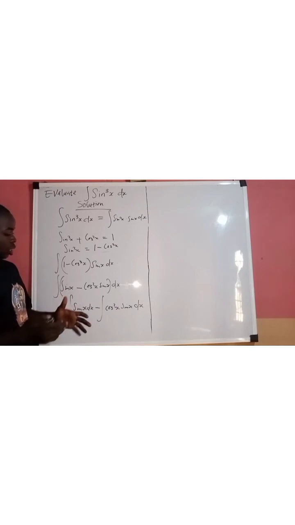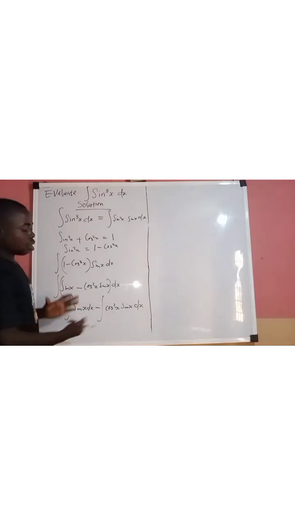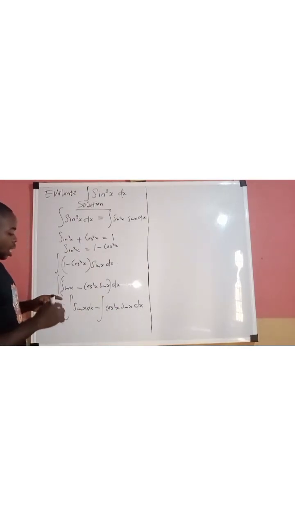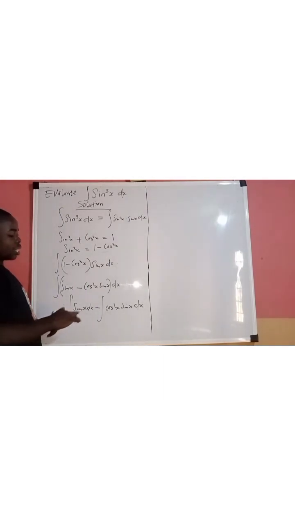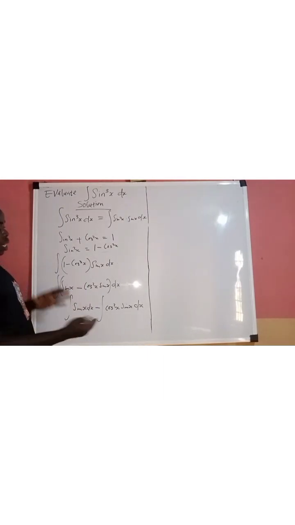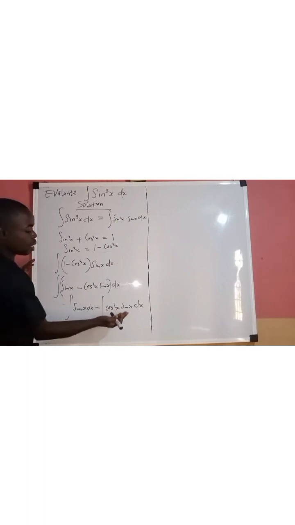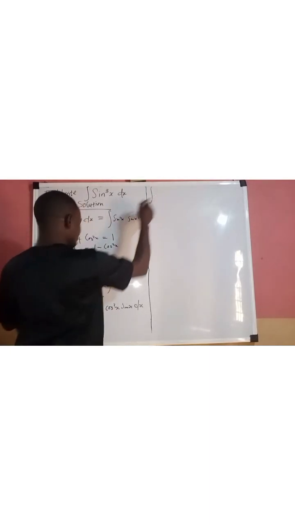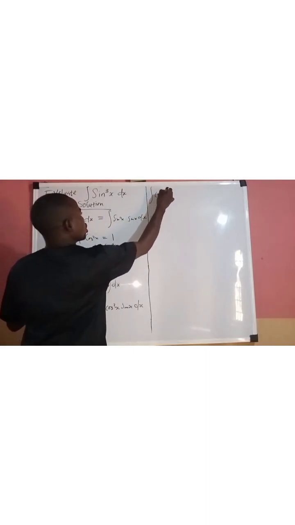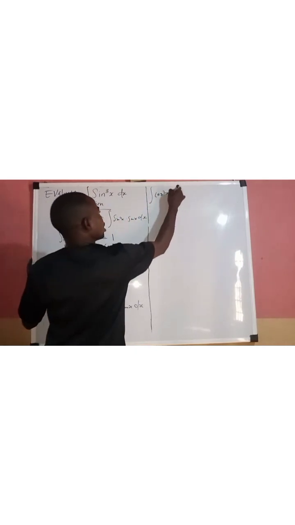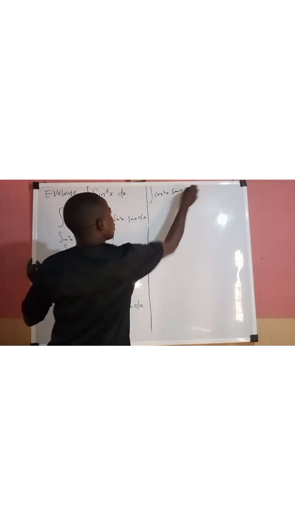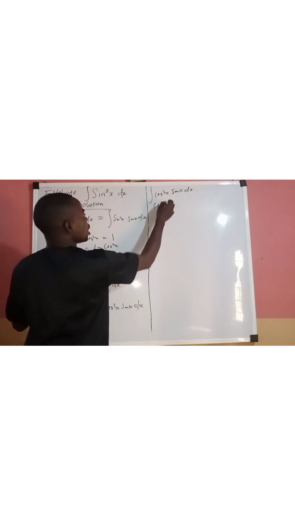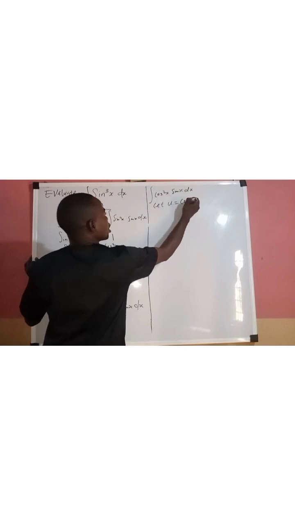And then what do we do again? We're just going to be integrating all of them independently. Of course, the first has a direct integral. What we just need to do is evaluate this function right here, and we're going to integrate it using the substitution method: the integral of cos squared x sine x dx. So what we do is let u be equal to cos x.